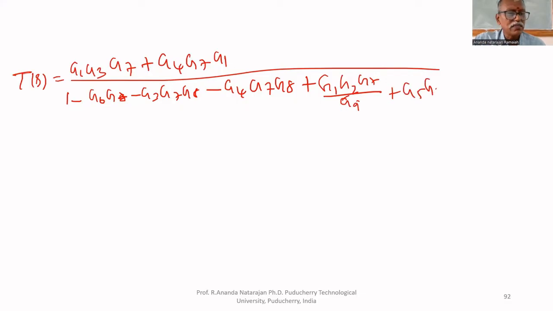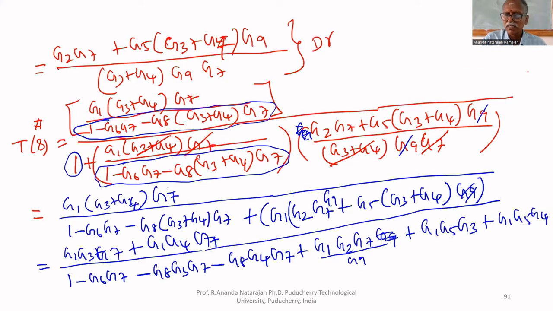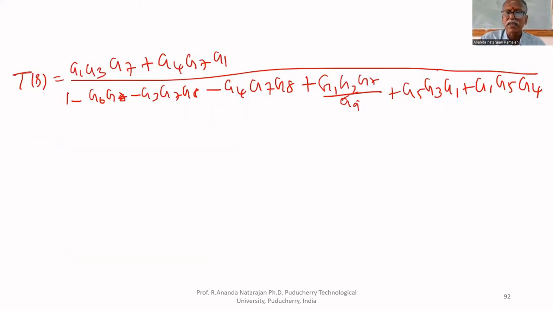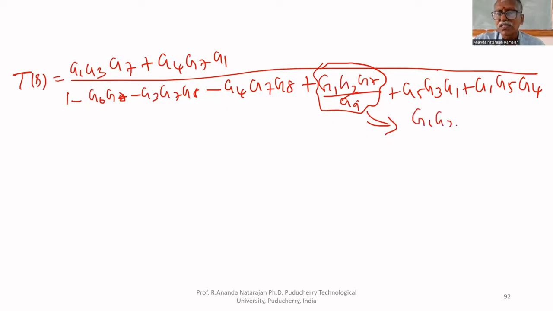Otherwise, G5, G3, G1 plus G1, G5, G4. That is what we wrote: G1, G5, G3, G1, G5, G4. Here G9. So this part instead of G9, this part is equal to G1, G2, G7 whole divided by G9, equal to G7 upon 1 minus G6, G7.